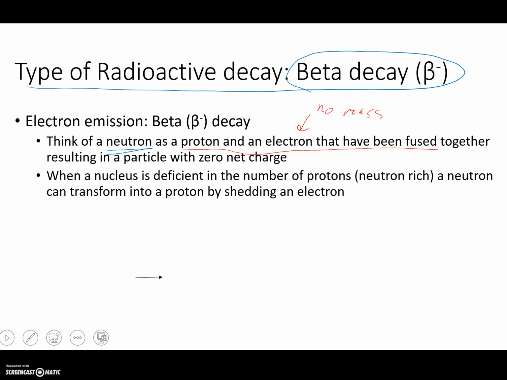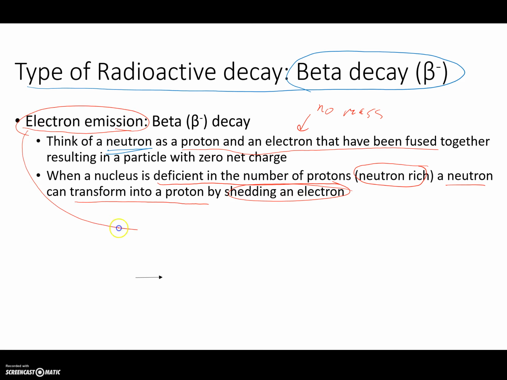All right. So when a nucleus is deficient in protons, we often refer to that as a neutron-rich nucleus. All right. What can happen is if that's not stable, in this case, a neutron transforms into a proton, and it's done that by shedding an electron. Okay, so that's why we call this electron emission, right?